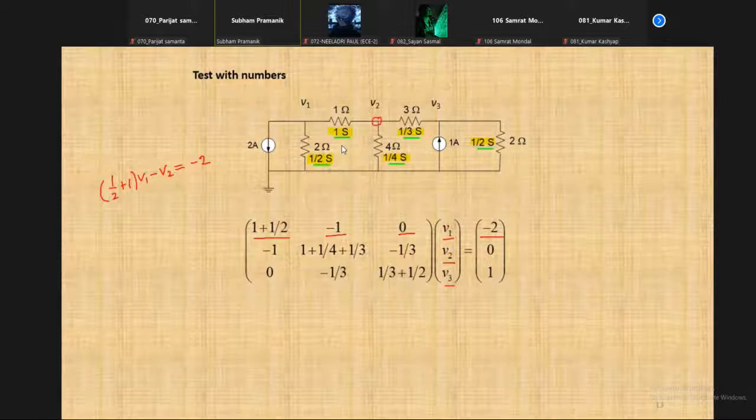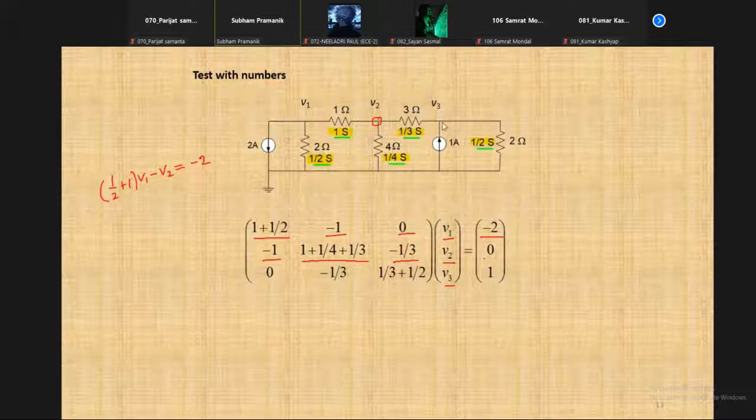1 plus 1 by 3 plus 1 by 4 multiplied by V2, then minus 1 multiplied with V1, then 1/3 multiplied with V3 with a negative sign, of course. No current is entering or leaving shown here for node 2, so 0.